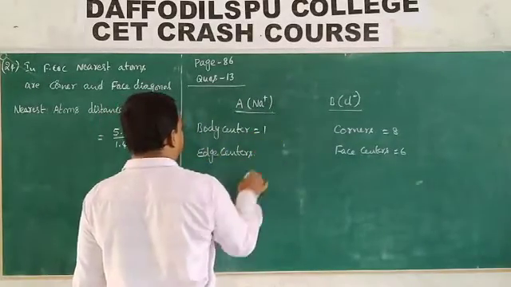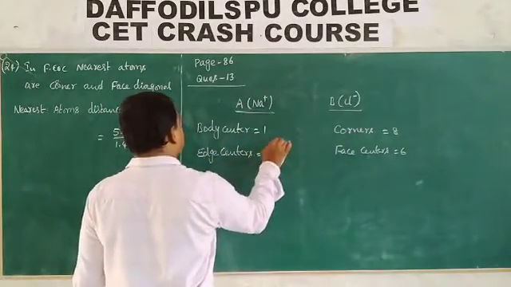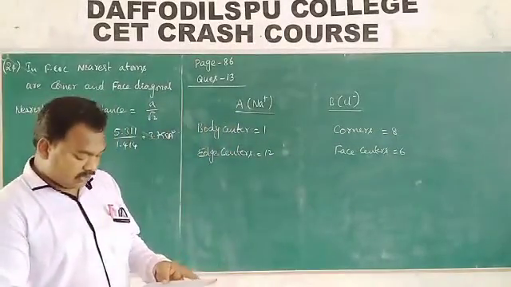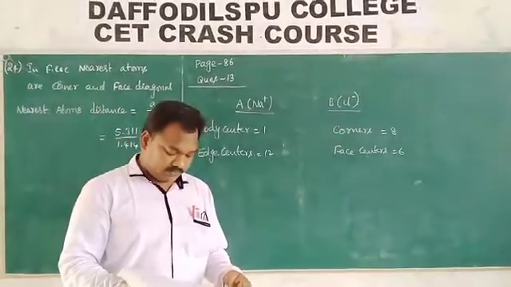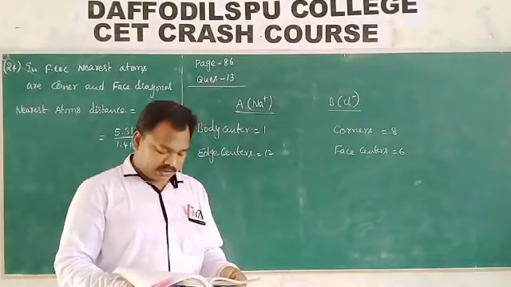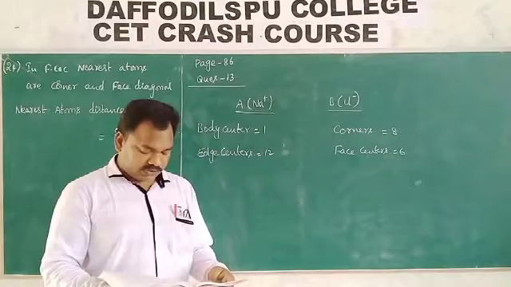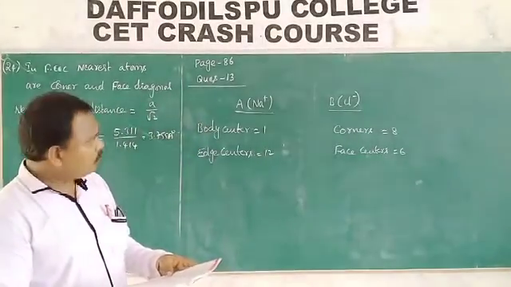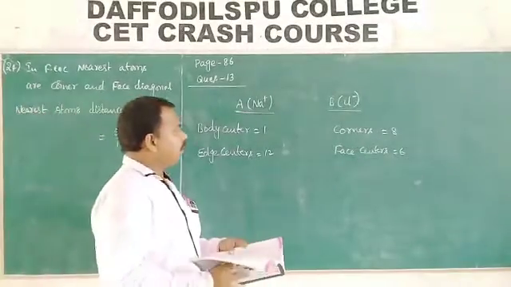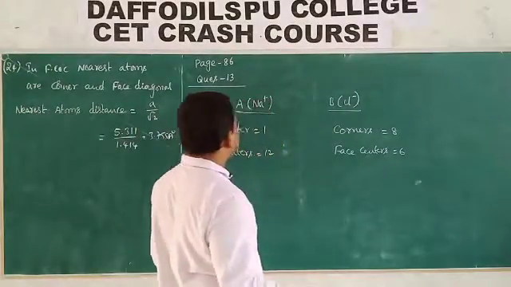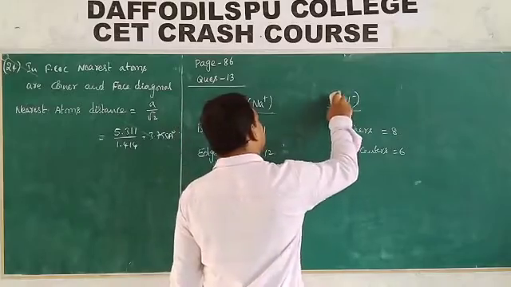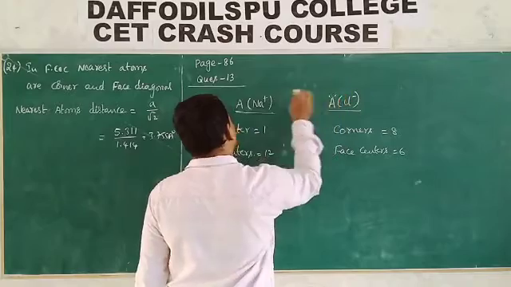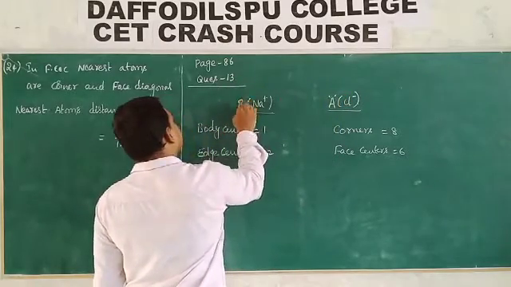How many body centers? 1. How many edges? 12 edges. This is the actual situation. But here they are saying a different thing. In the problem, consider that this one is A and this one is B.